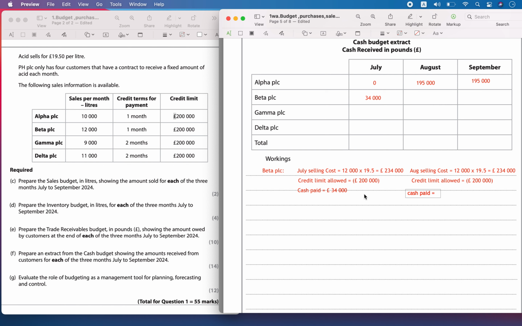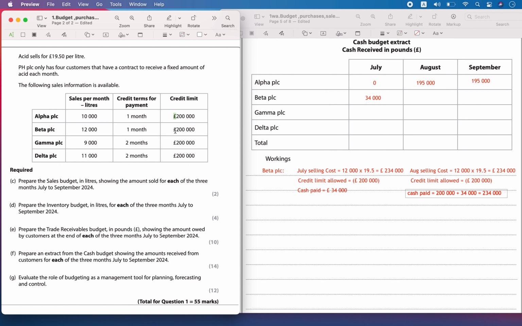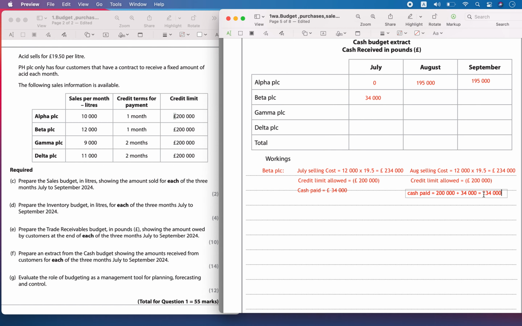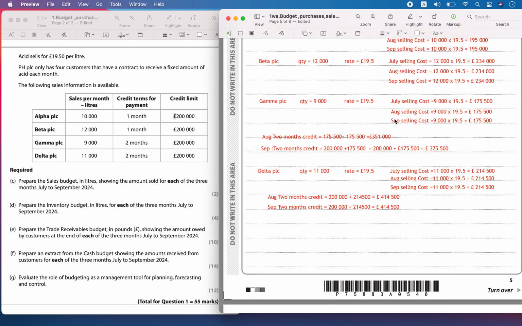Cash paid will become equal to the last month's 200,000 credit limit, plus the difference between August sales and the maximum credit limit allowed. So that is equal to 34,000, so 234,000 pounds they will have to pay, because it's only 1 month credit. So they would have to end up paying the previous month's balance.